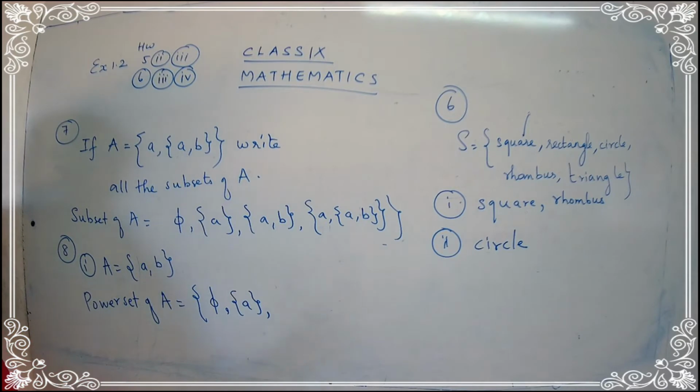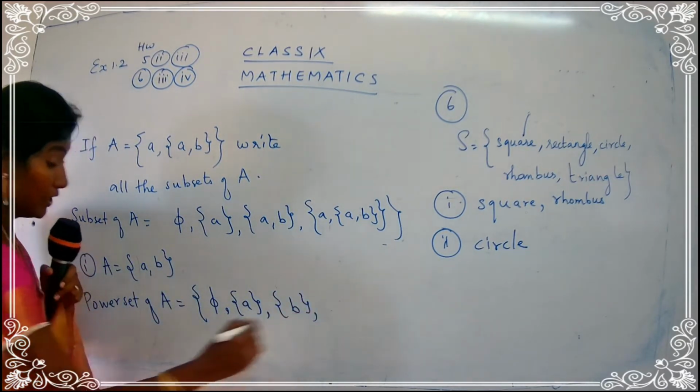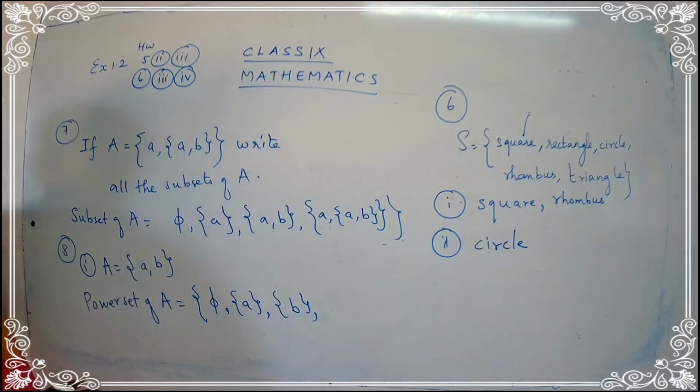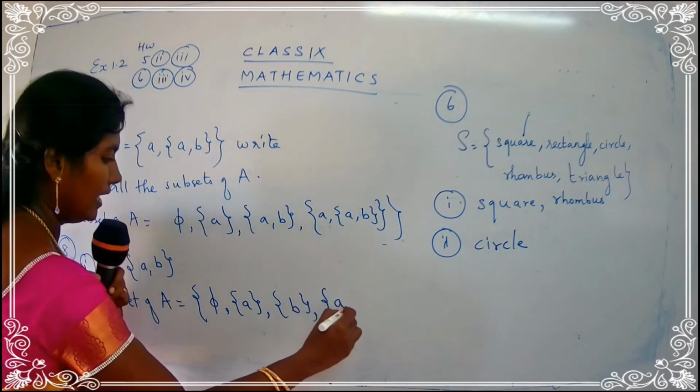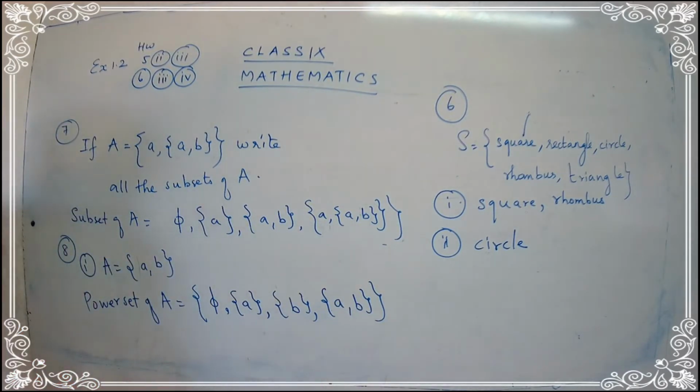What is the second element? B. Good. What are you going to do now? Write this together. So this is {A, B}. Clear? So we have got the answer for the power set of A: empty, {A}, {B}, {A, B}.